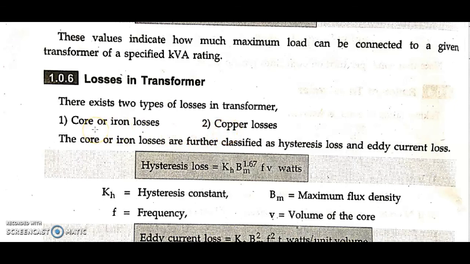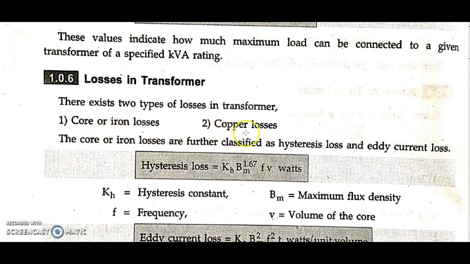As the name indicates, core or iron losses will always be constant irrespective of whether you connect the load or not. Either way, such losses will always be present in the transformer when it is turned on.